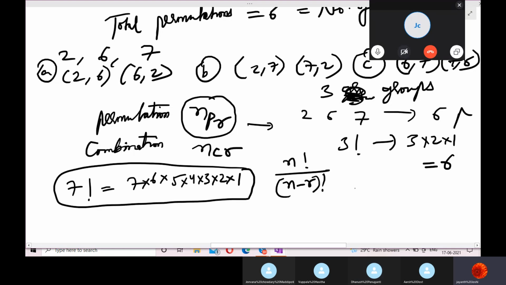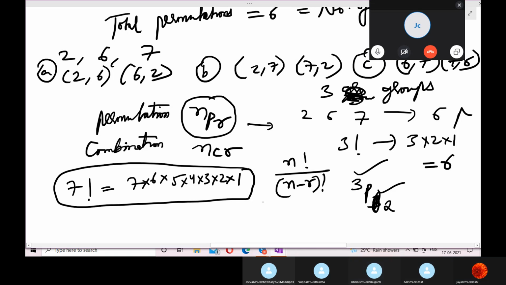So if it is 3P3, I have 3 numbers and I can use those 3 numbers for my arrangements. See here, oh sorry, it is 3P2 now. I have to make 2 digit numbers, correct? All of you please tell me yes or no. Yes, sir.